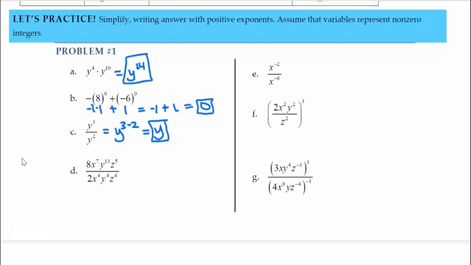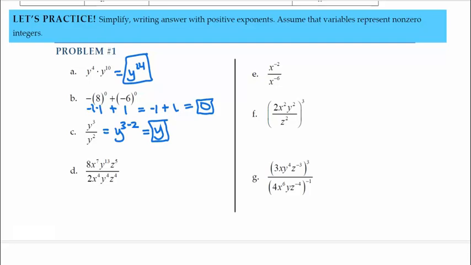All right, now on D, we're getting a little bit more into what we need to do. So I might use some different colors just so it's easier to see. First thing we want to do is look at those coefficients. Remember, coefficients are those numbers out in front of the variables. And we want to see if we can reduce that.